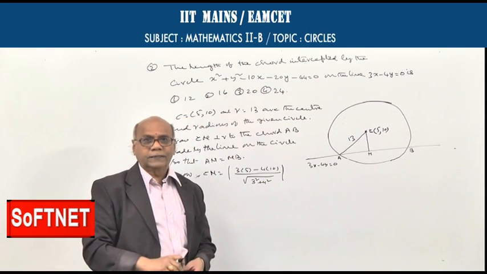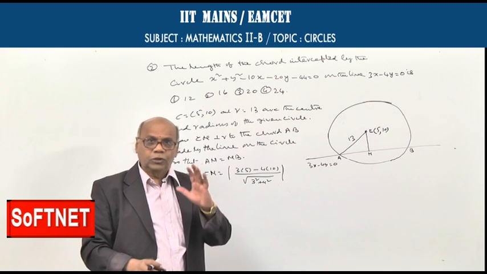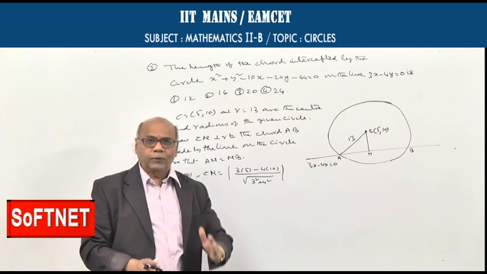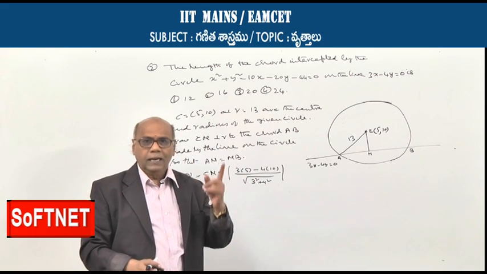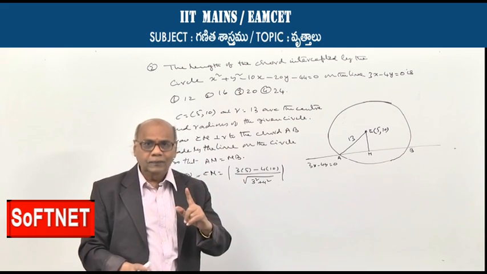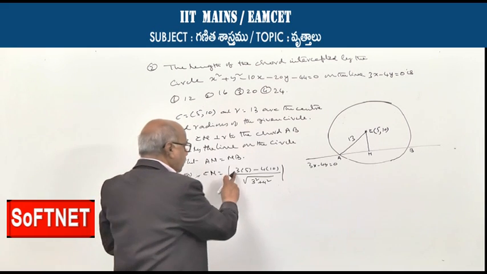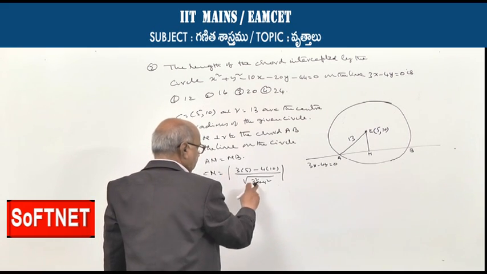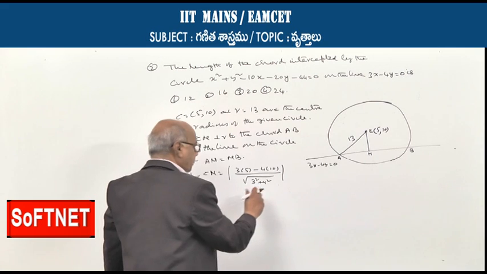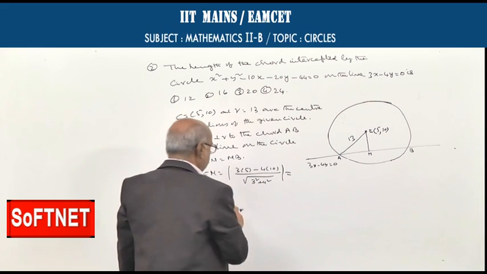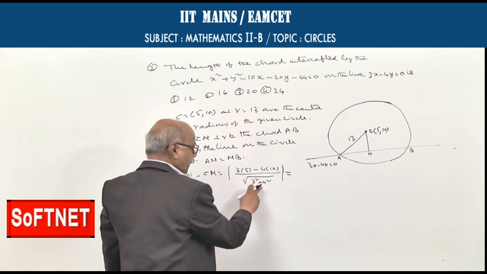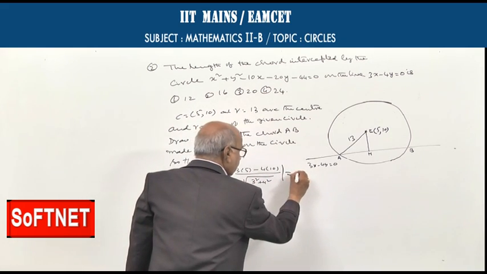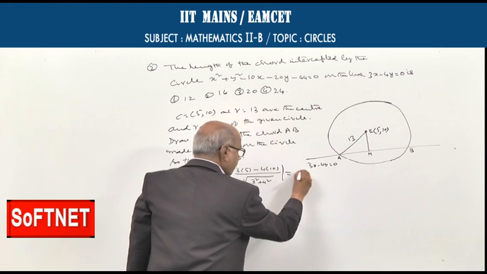The perpendicular distance of a line ax plus by plus c equal to 0 from the point (x1, y1) is modulus of ax1 plus by1 plus c by the square root of a square plus b square. So CM is modulus of 3 into 5 minus 4 into 10 by the square root of 3 square plus 4 square, which is 15 minus 40, that is 25, 25 by 5, which is equal to 5.